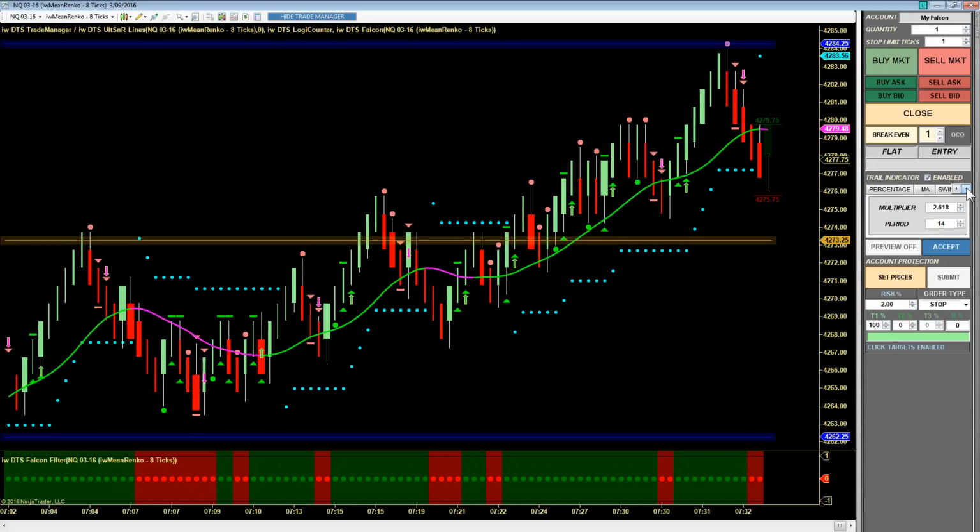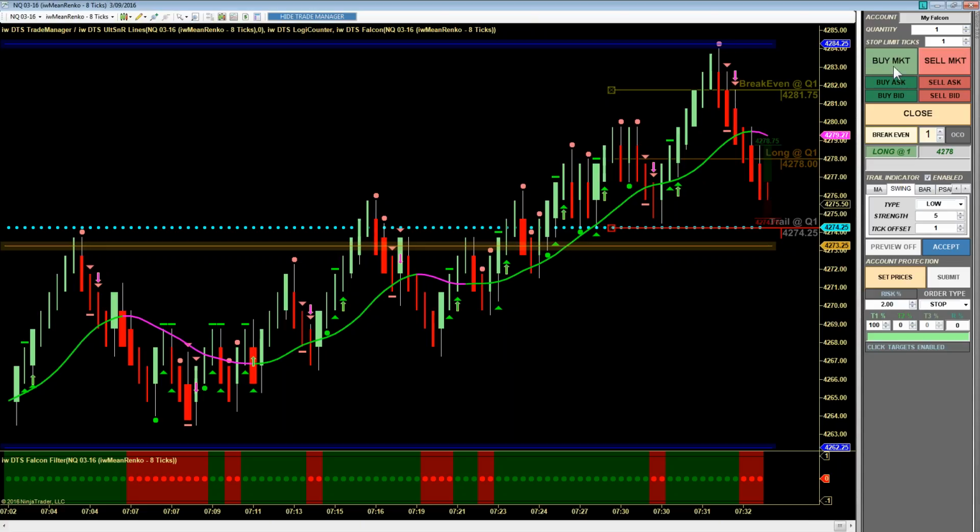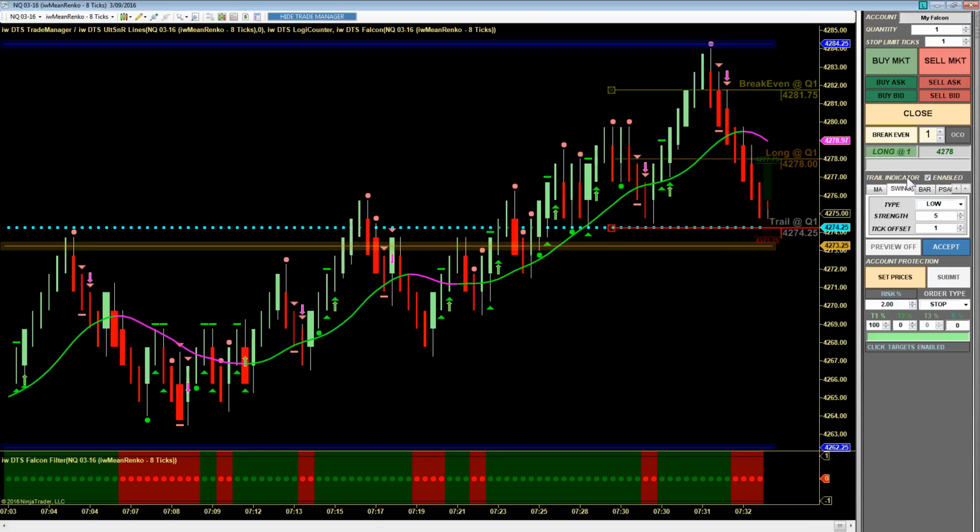Right, so let's enable our stops. And now when we hit buy, we get our stops enabled. And we happen to have our break-even trigger. Your profit target will not print with your buy or sell market buttons, but your stop will, so long as you have your stop enabled.